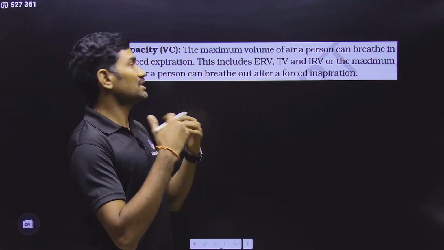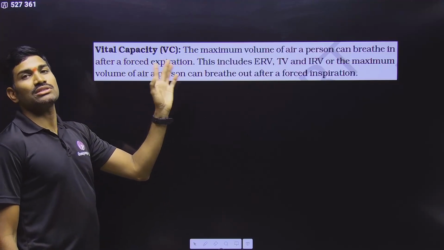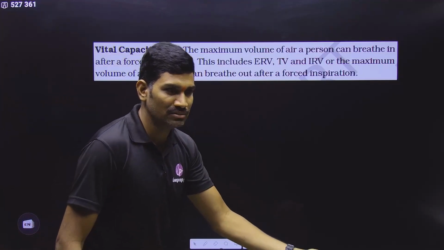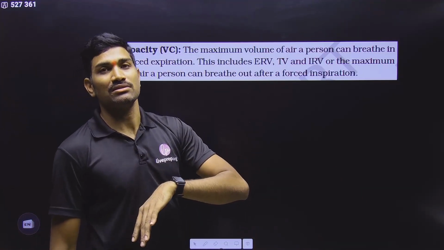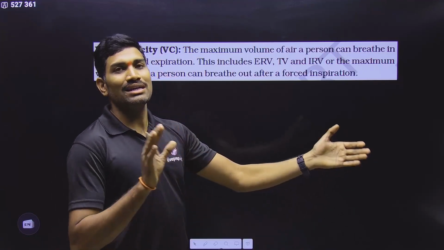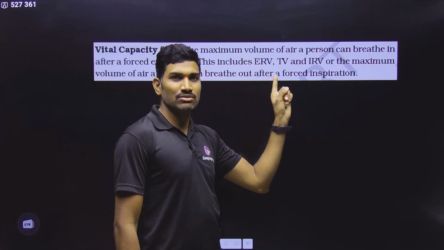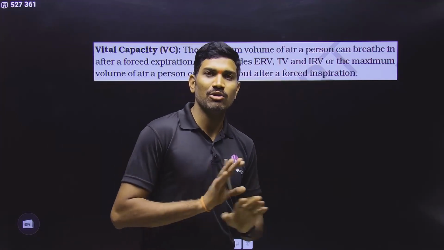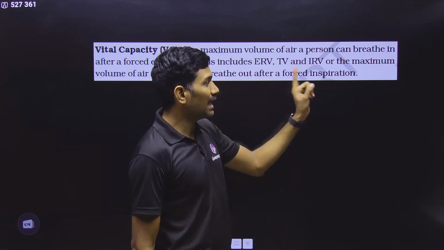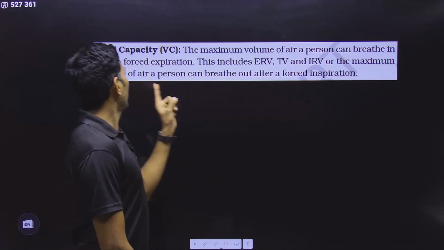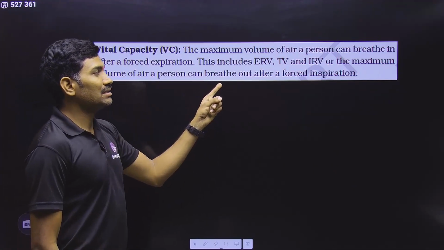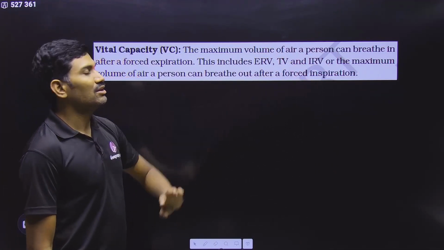Forced inspiration after forced expiration. So you need to do forced expiration and then forced inspiration. Then you will get the maximum volume, that is called vital capacity. This includes expiratory reserve volume, tidal volume and inspiratory reserve volume, all 3 combined, that is the vital capacity. Or the opposite way, the maximum volume of air a person can breathe after forced inspiration.